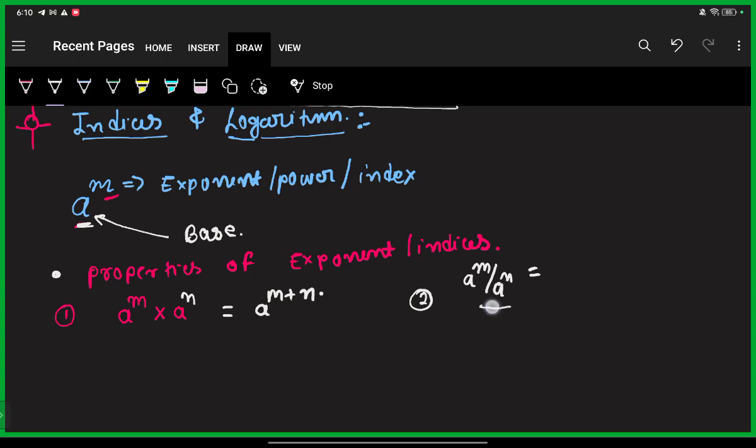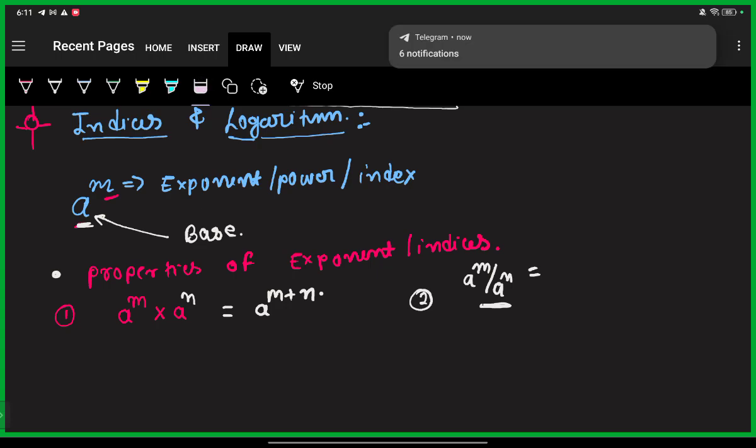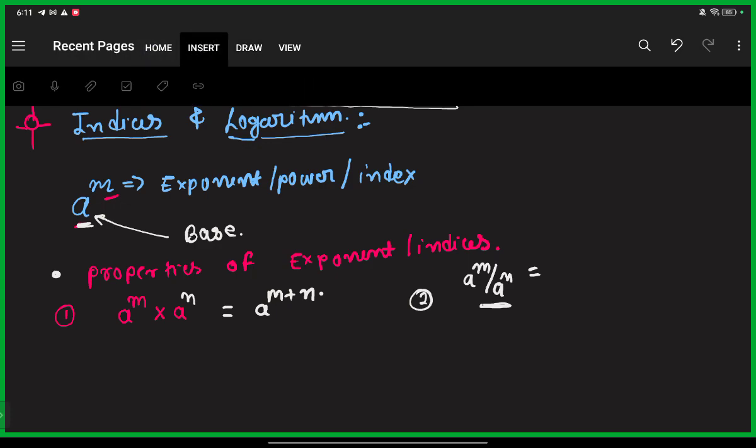See, here it is written as a raised to m divided by a raised to n. Okay, it's a division, not a slash. Right. So tell me. Sir, A raised to m minus n. Very good. Because divide.